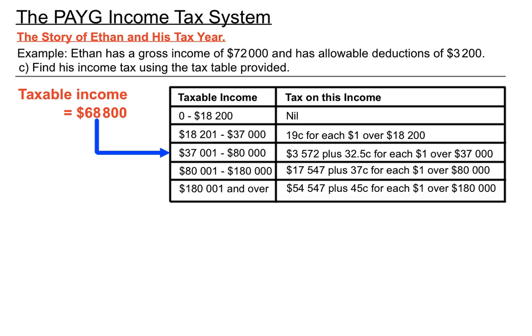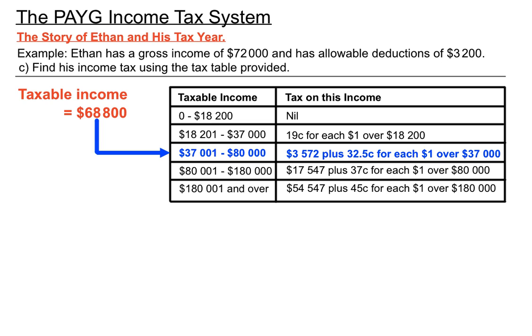So our first step is to find out what category or tax bracket Ethan's going to be in if his taxable income is $68,800. And you can see that $68,800 is going to fit in this category here. $68,800 is between $37,001 and $80,000. So we decide that that is the row of the tax table that we're going to take most notice of.